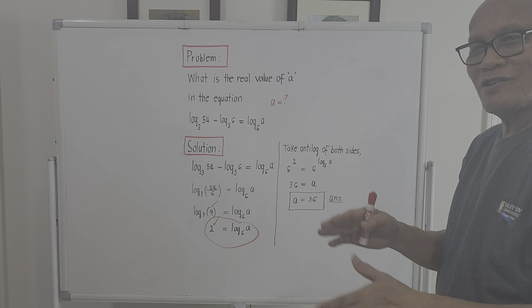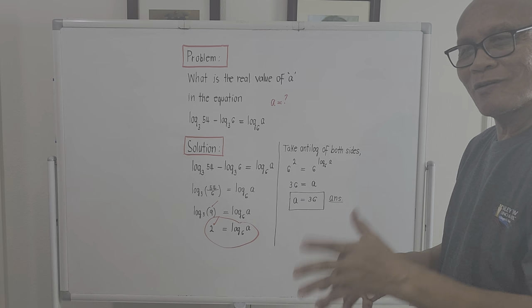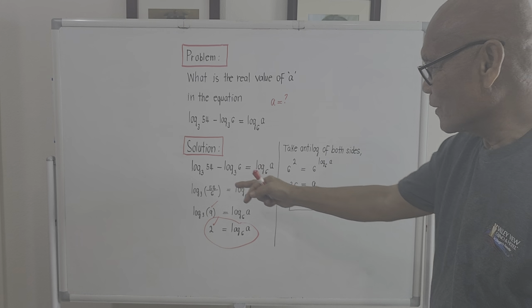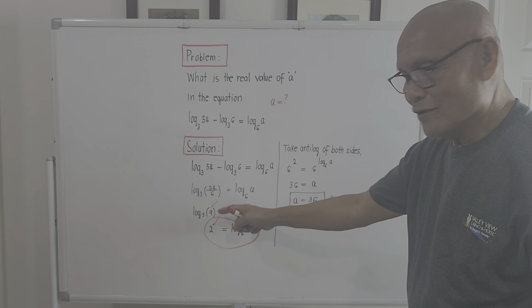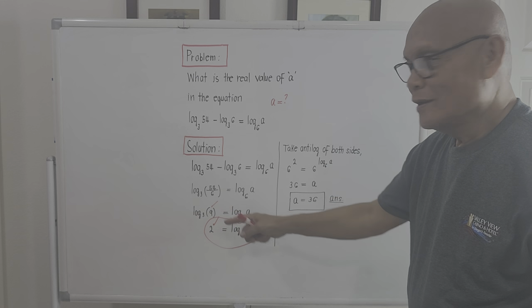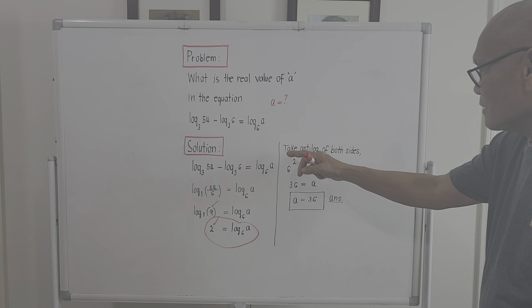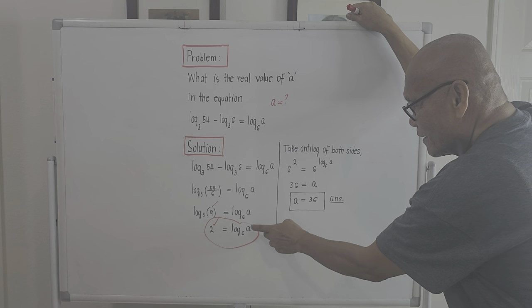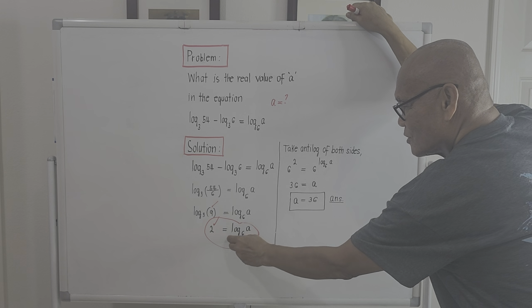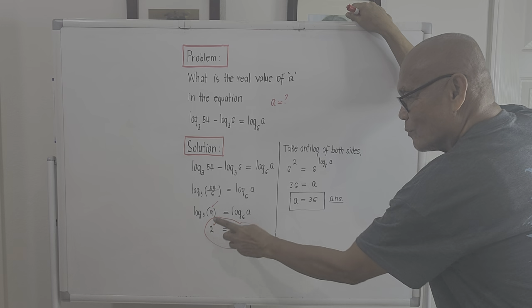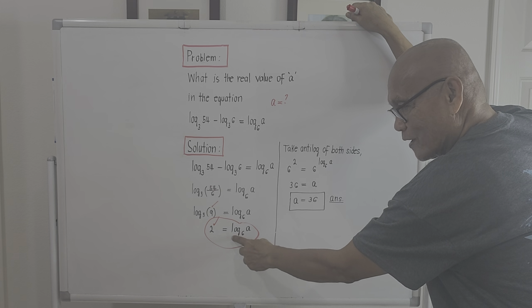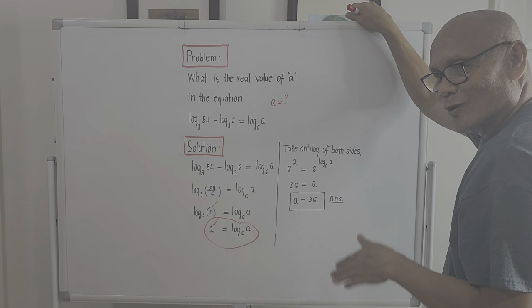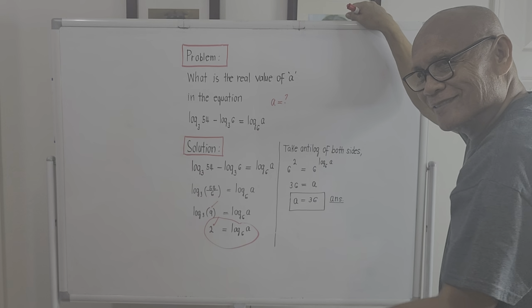Because we simplified it by using our definition of the logarithm of a quotient and the definition of a logarithm. Okay? Take the antilog of both sides. To solve for a here, without this logarithm thing, we must take the reciprocal of a logarithm, and the reciprocal of a logarithm is actually the antilog.